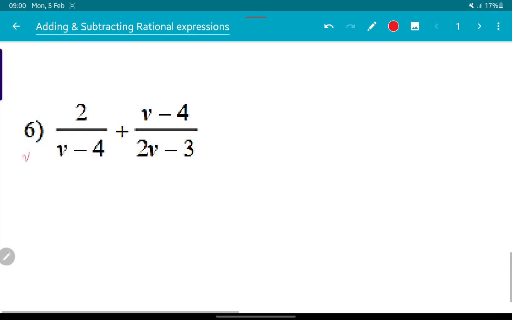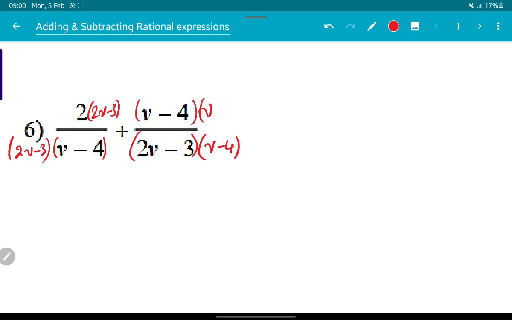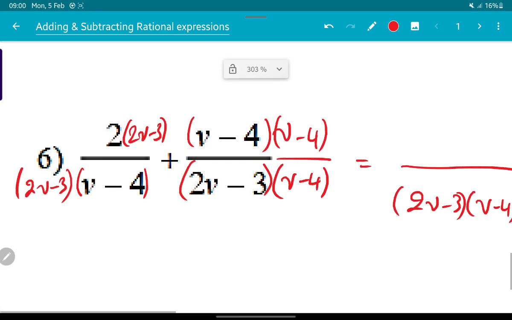Exactly here, we can multiply by 2v minus 3, 2v minus 3, and we multiply this by v minus 4, v minus 4. Now we have a common denominator. You need to expand this.